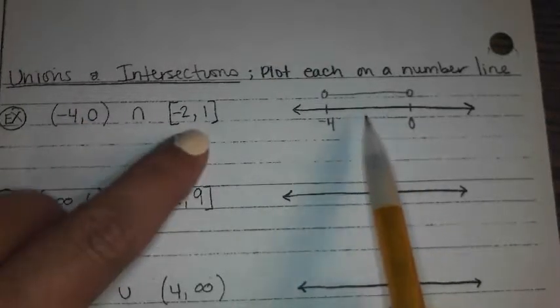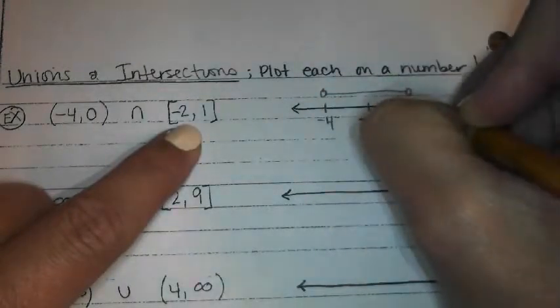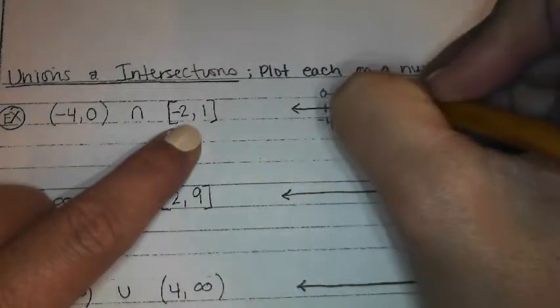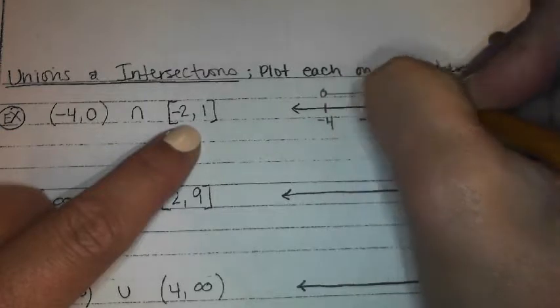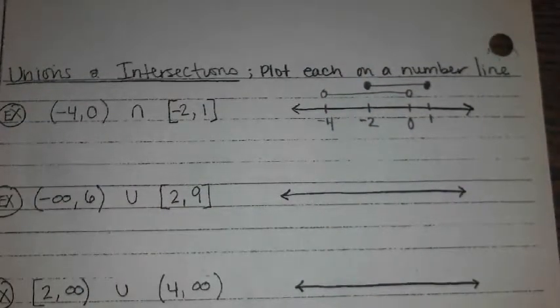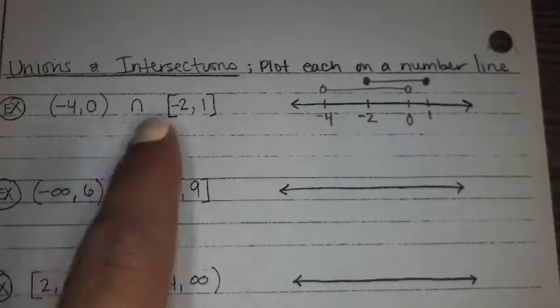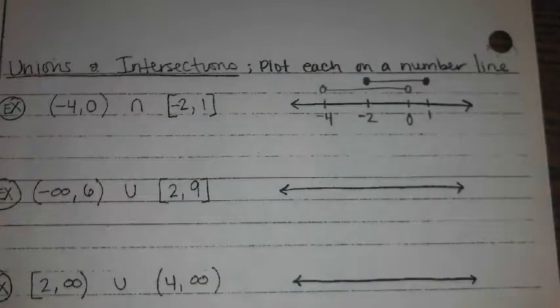The second set is going to range from negative 2 to 1, and that's going to be closed endpoints. Now if they're asking for the intersection, then we're essentially looking for where those two overlap. And we're going to present our answer in interval notation.